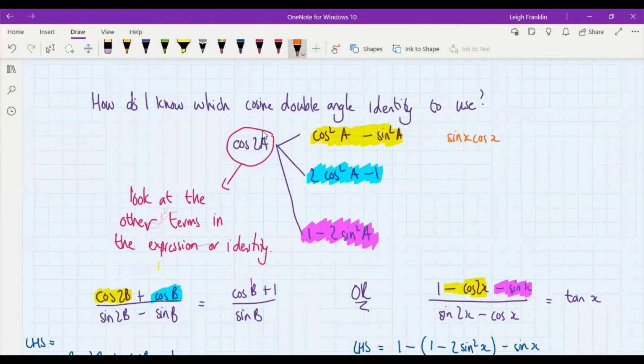Okay, so just bear that in mind for that one. But generally it's what do you see with the cos 2x, and then we know which cosine double angle identity to use.